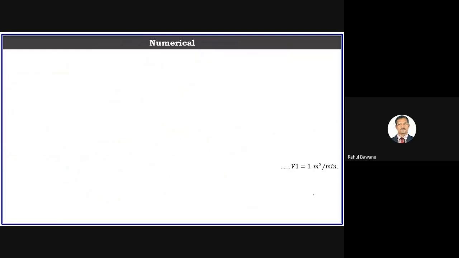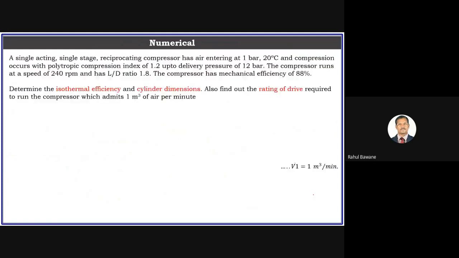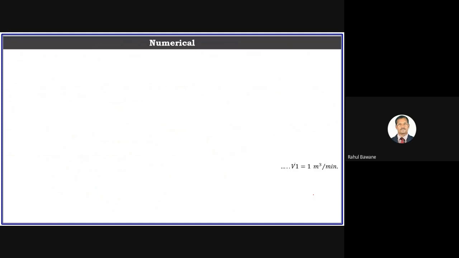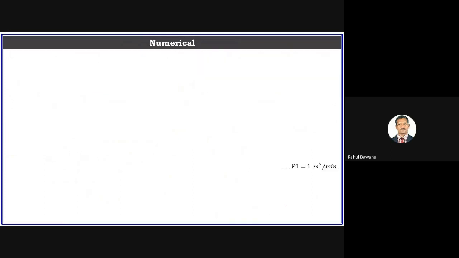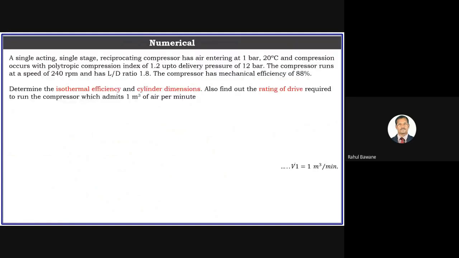So after the friction power loss, the power available to compress air is the indicated power. So this is our actual power required, that is the brake power, where mechanical efficiency is 88%.